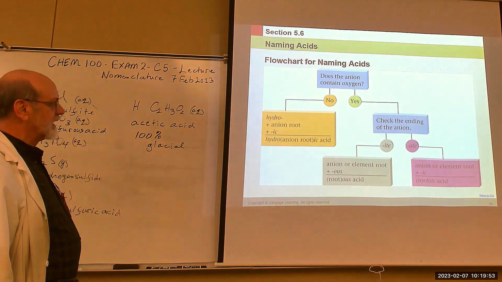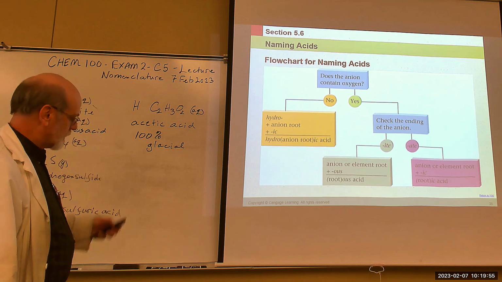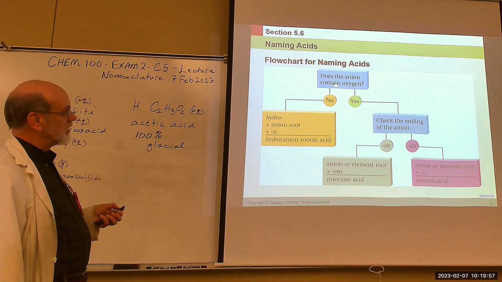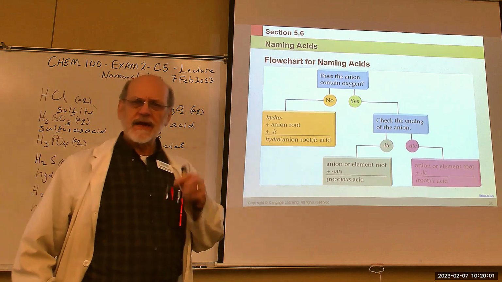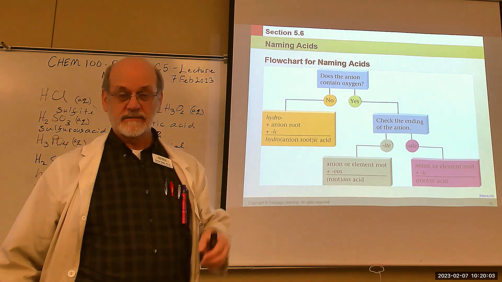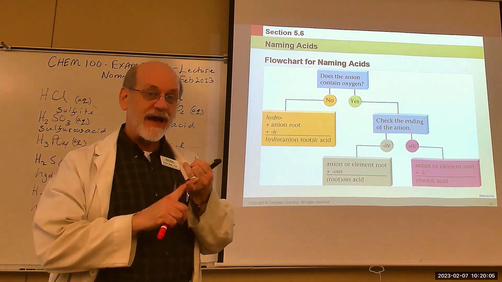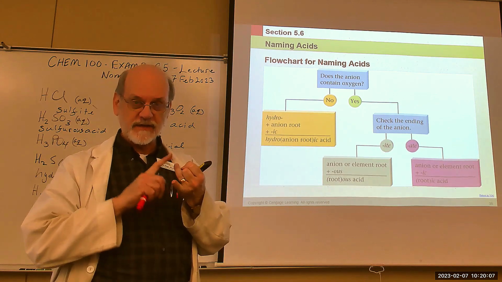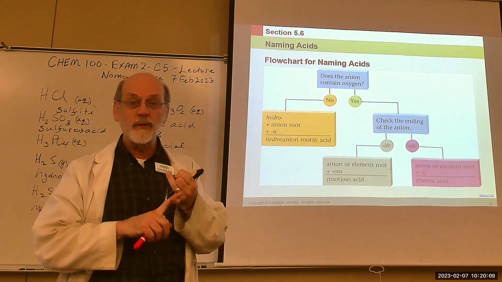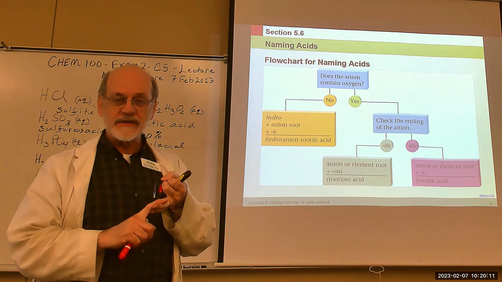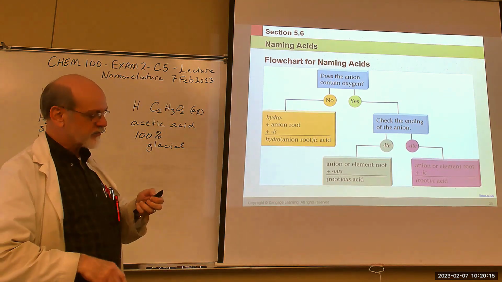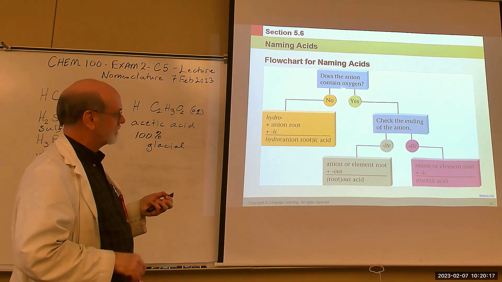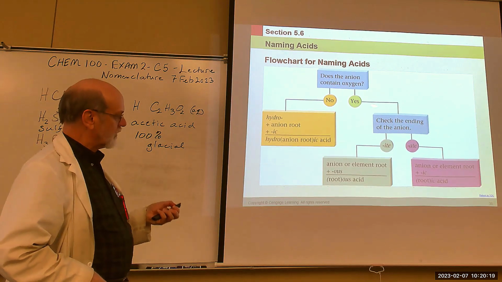Common oxygen-containing acids. So there's your decision tree. Does it contain oxygen? Well, first of all, before you get there, you got to ask yourself, is it an acid? Right? First of all, does it have hydrogen as the first element in the compound formula? And is it in aqueous solution? And then you ask yourself, is there oxygen? Then you go to one or the other.